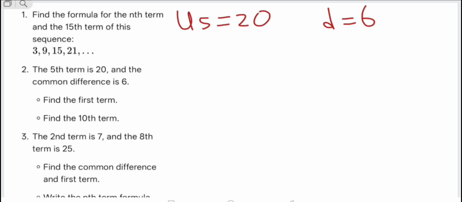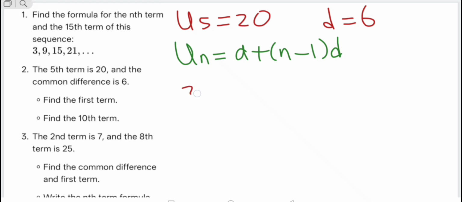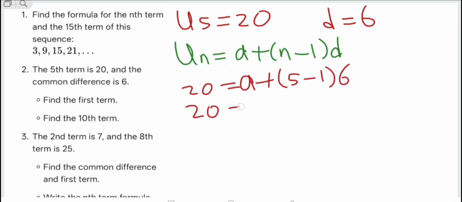We know the formula Un, which is equal to a plus n minus 1 into d. So it is the 5th term. So if n is 5, the 5th term is given, which is 20. A plus n, the 5th term, minus 1. The difference is given, which is 6. Let us simplify.